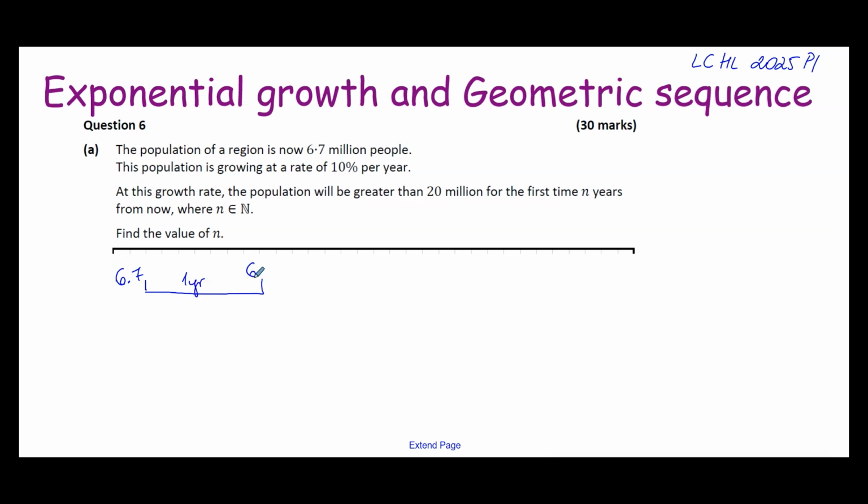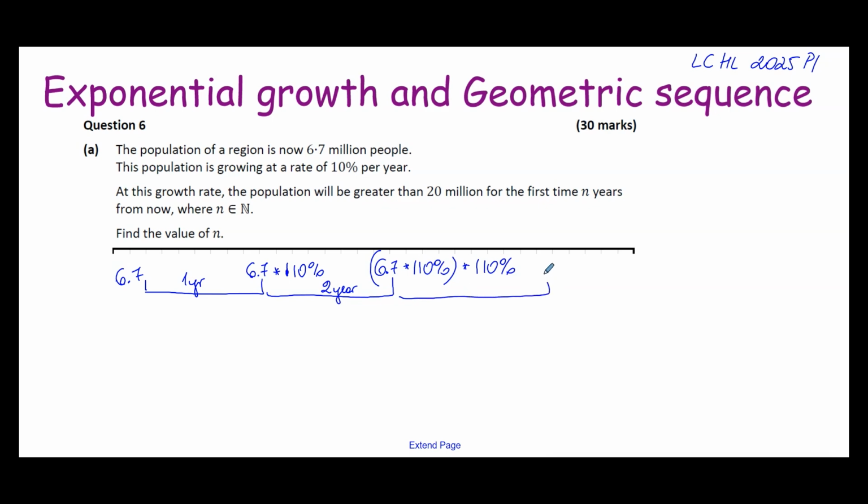We have 10% more. So now we have 6.7 million people and 110%. And then another second year goes, and we have what we had before, 6.7, and then that number is again multiplied by 110%.